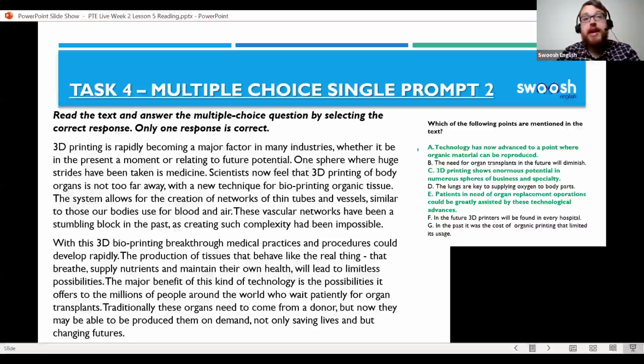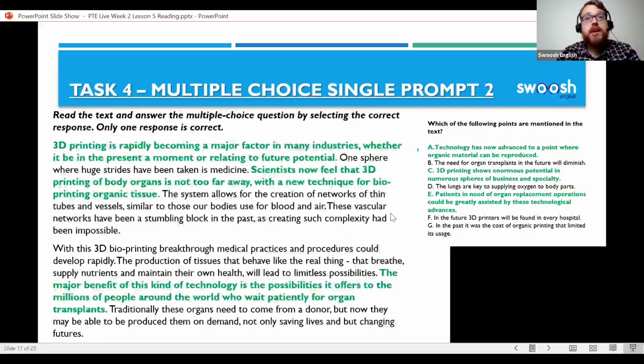Let's go and see about how these answers are correct while the others are incorrect. So let's have a look at statement A. So obviously we're talking about 3D printing becoming increasingly important and how it can be used for numerous purposes. So A, technology has now advanced to a point where organic material can be reproduced. Let's have a look and see which backs that up.